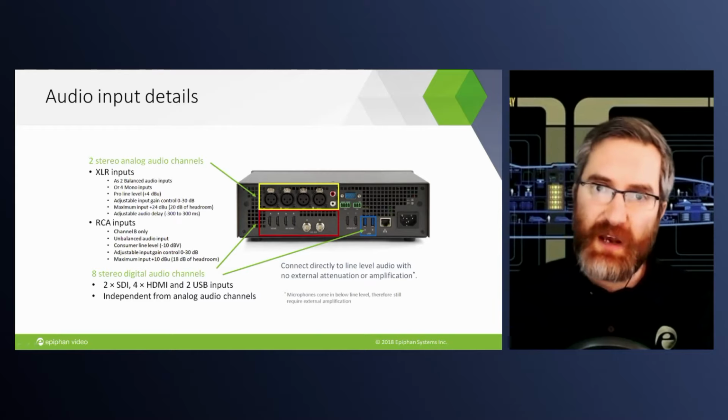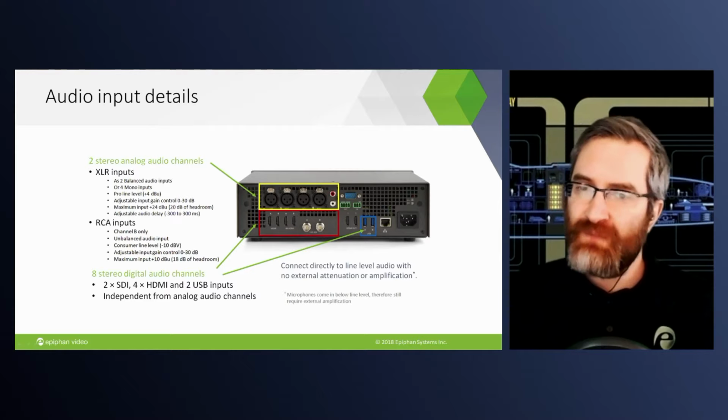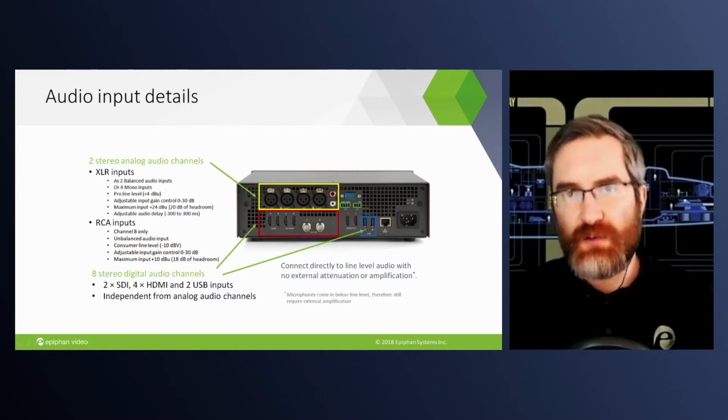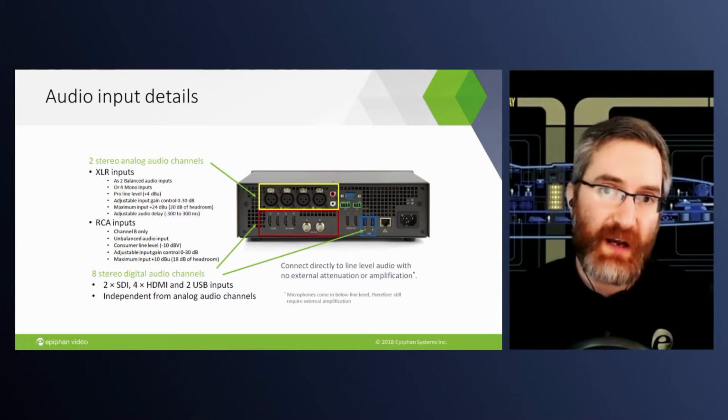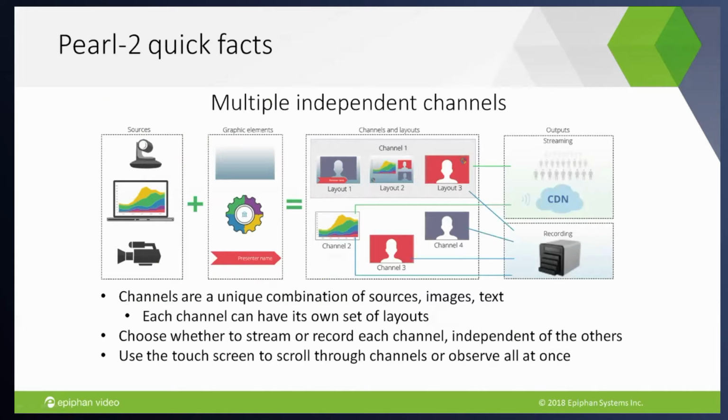And these can be used as either 2 separate stereo pairs or split into 4 independent mono inputs. Even in mono mode, they're still line level and they do not provide phantom power. Typically with a Perl 2, it's a larger machine. There's usually a larger infrastructure involved. So we're already using a mixer or a preamp in front of it anyways. But that's just one thing to keep in mind.